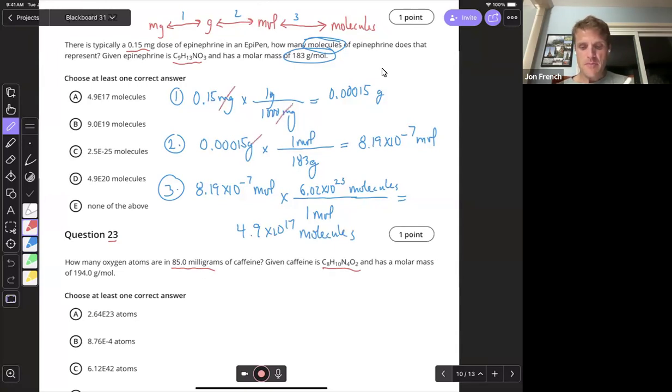Milligrams canceled in the first step, grams canceled here, moles canceled here. We're left with molecules, and that's what we're looking for, so the units check out. 2 sig figs because 0.15 milligrams is 2 significant figures. So I would go with choice A, 4.9 times 10 to the 17 molecules.